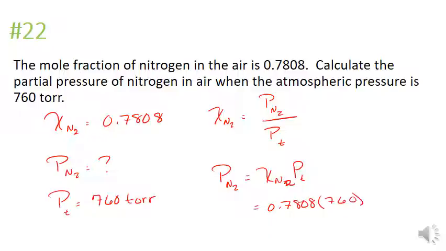What'd you get, William? 593? Do we not go to the decimal places? It should have one more. 0.4.